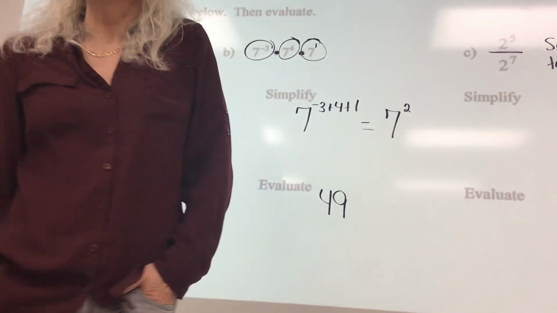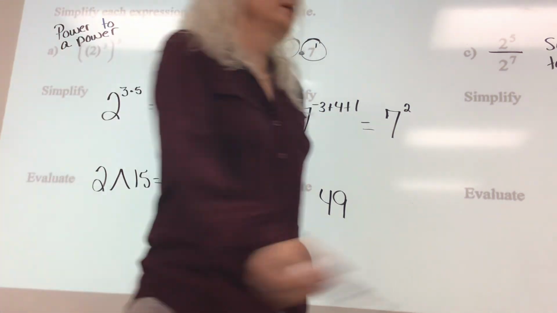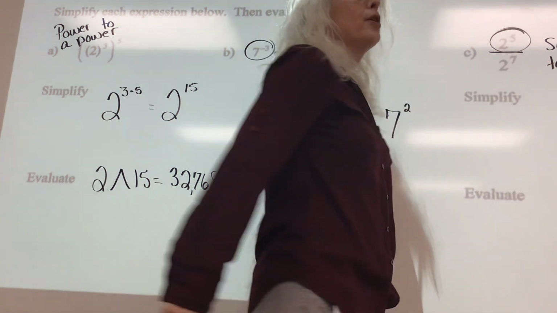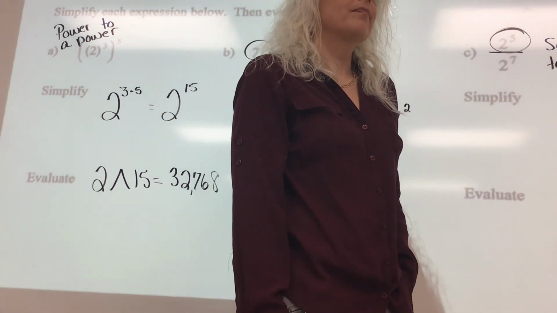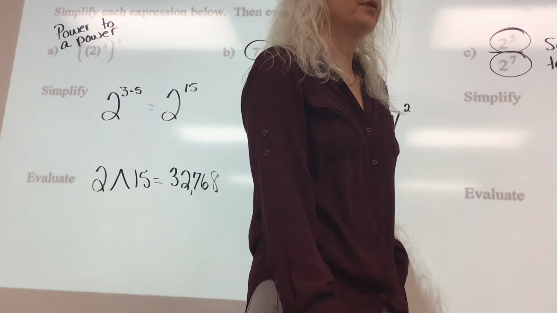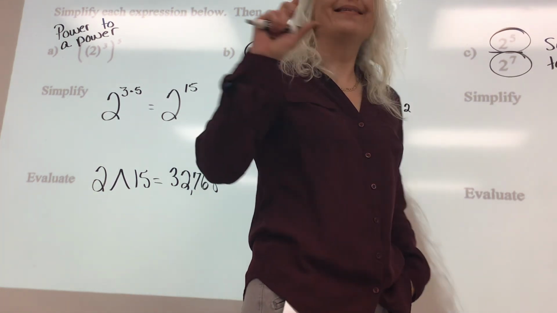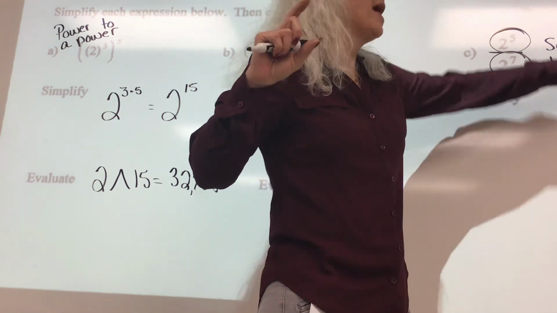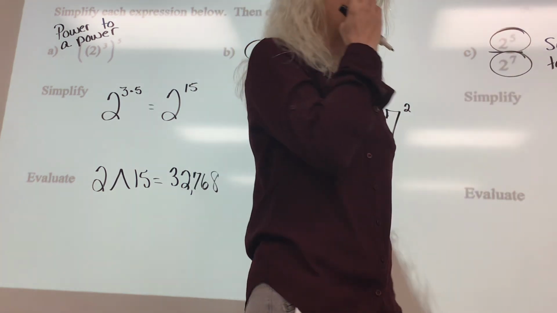Now the only way that you can use this third law of exponents, what is the base on the numerator? 2. What is the base for the denominator? 2. Are the bases the same? So now we can simplify, otherwise you cannot.